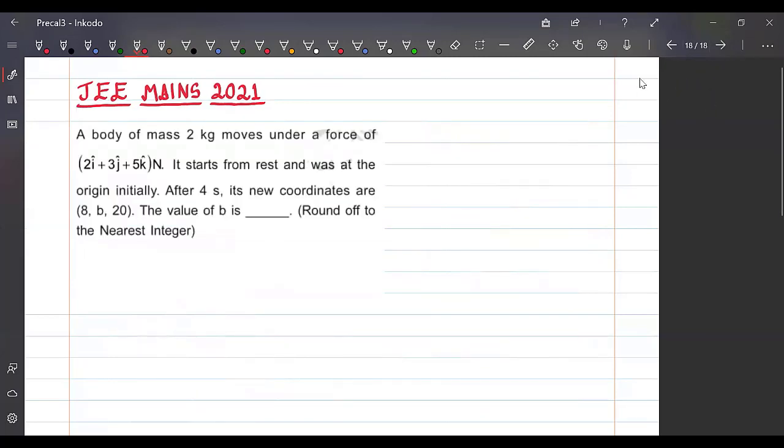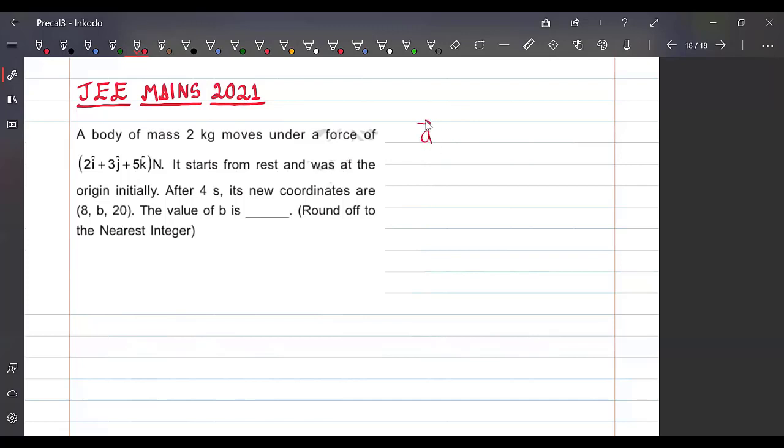In the next question, this is again asked this year. A body of mass 2 kg moves under a force of this much Newton. It starts from rest and was at the origin initially. After 4 seconds, its new coordinates are this much. The value of b is asked. Round off to the nearest integer. So mass is given and force is given.